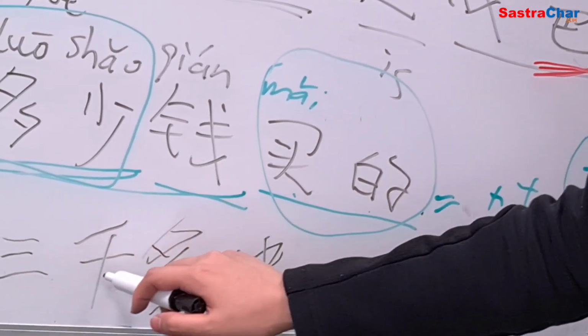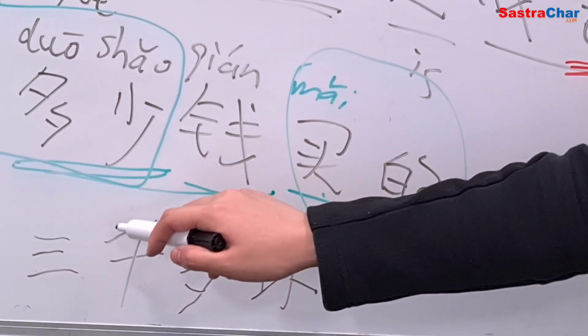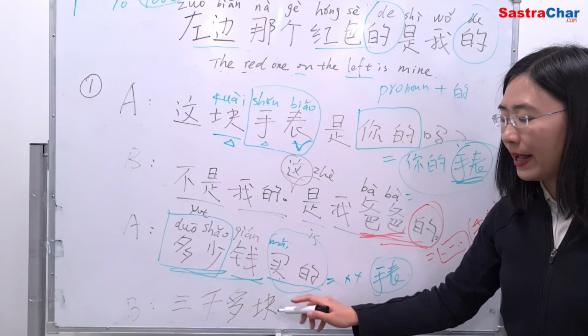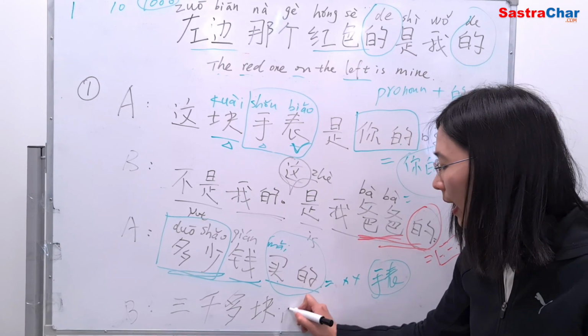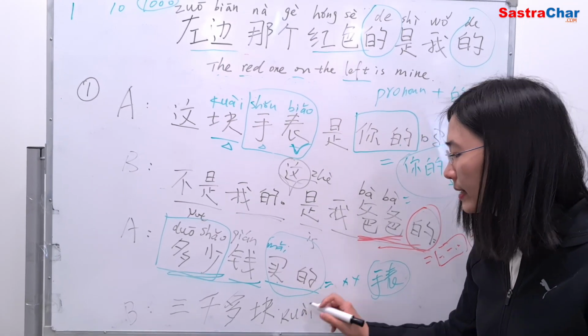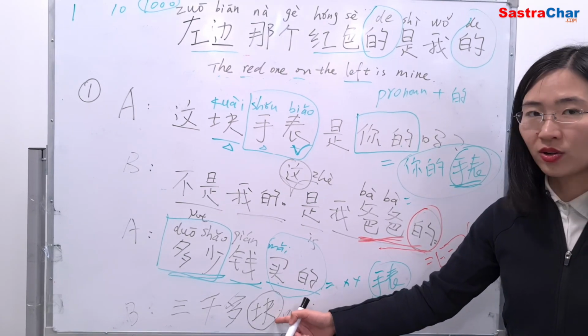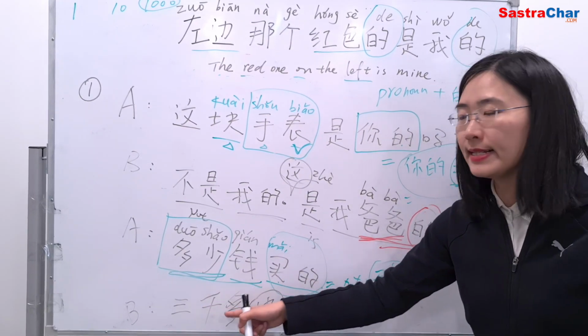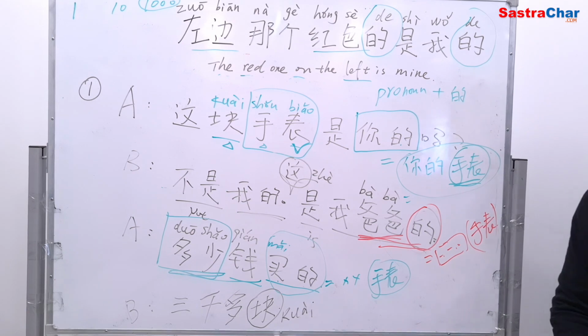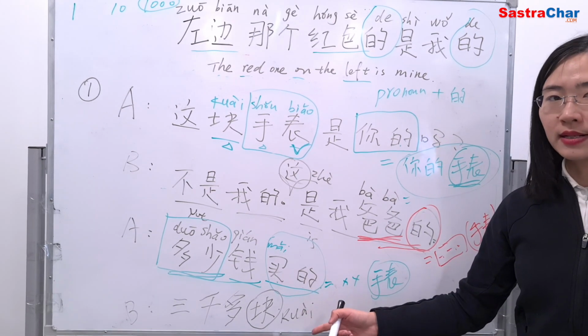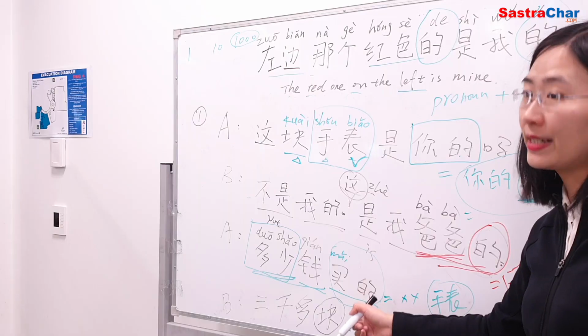So 3000多 means more than 3,000. 块, okay, 块 is like Chinese dollar. So 3000多块 means more than 3,000 Chinese dollars.